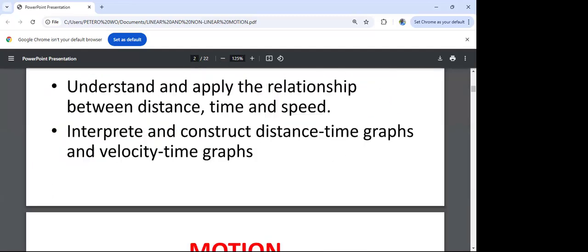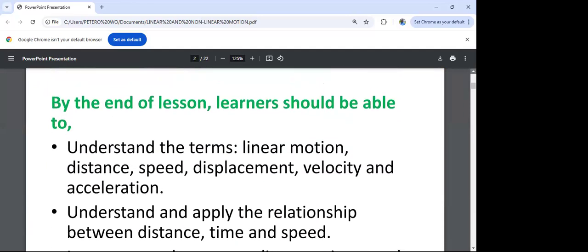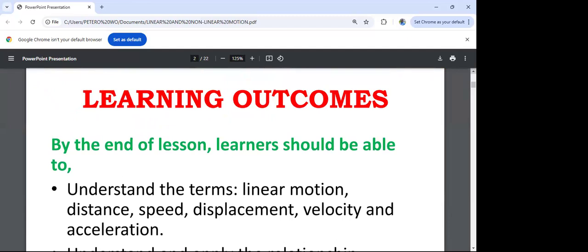First of all, they are telling us that by the end of this lesson we must be able to understand the terms that we have here.